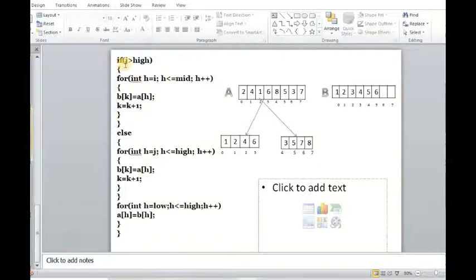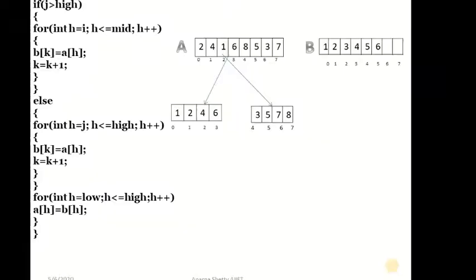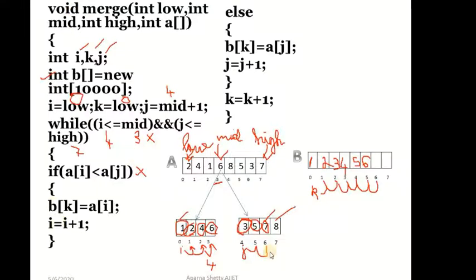Next, what I do is I check if j is greater than high. Okay, in my case, in the previous iteration, if you see, the value of j was 6, correct? J was 6, but I value was 4.